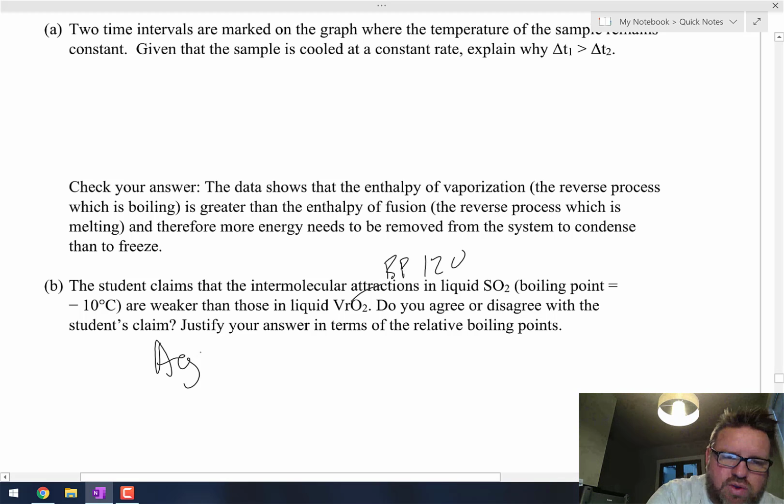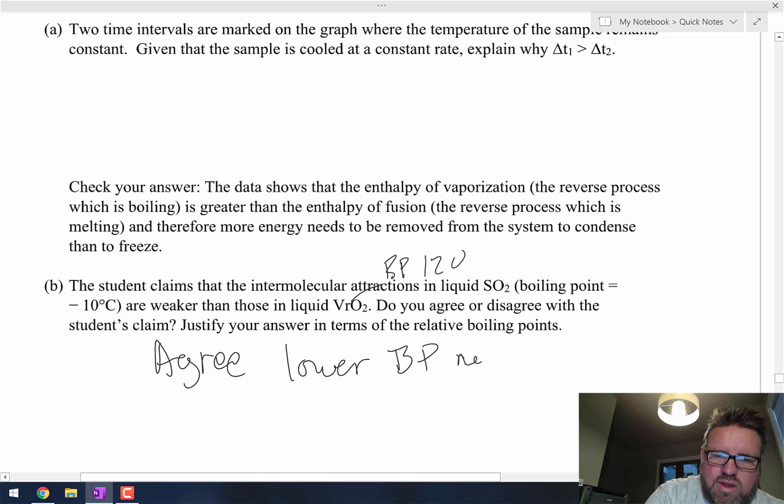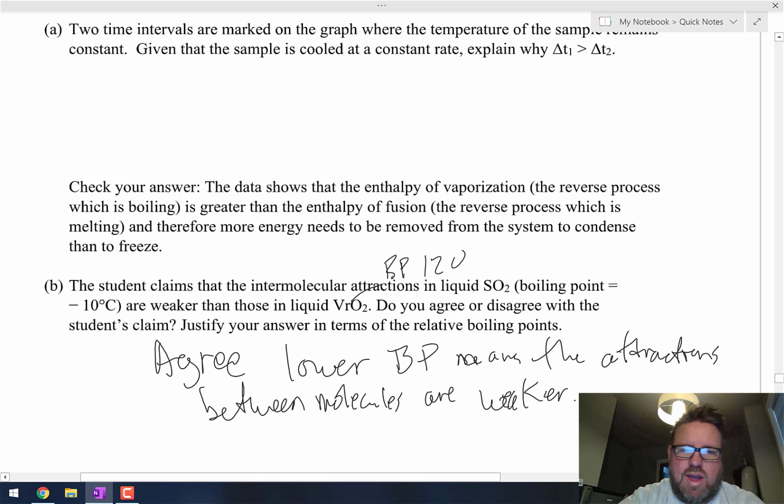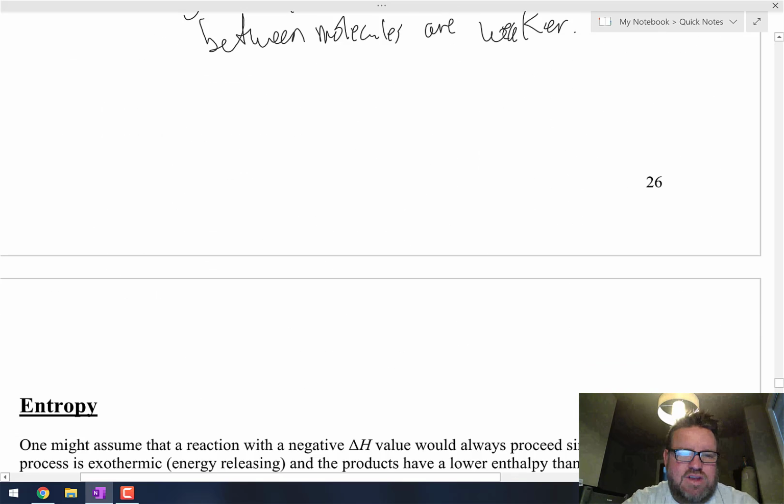So we are going to agree with that, and we would say a lower boiling point means the attractions between the molecules are weaker. Okay? And that's all you'd have to say there.